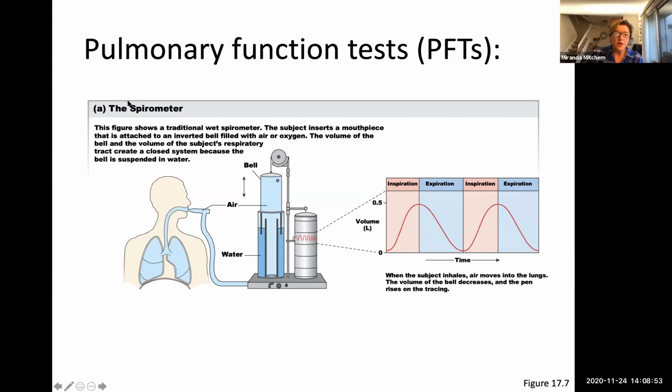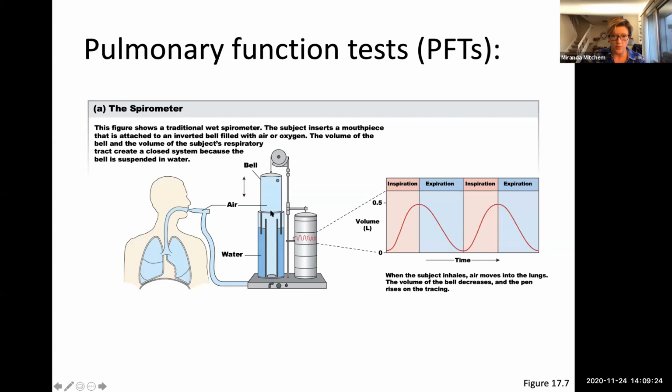So as what a spirometer does, this is looking at what's called a wet spirometer, which we do in the lab, but this is not typically what's done for clinical purposes. But we'll begin with this. So the way it works is there's a tub of water that has a bell in it. And this bell is connected to the tube that the person pushes air through.